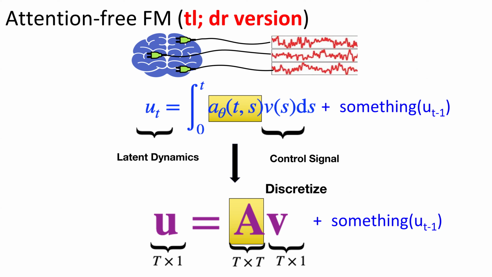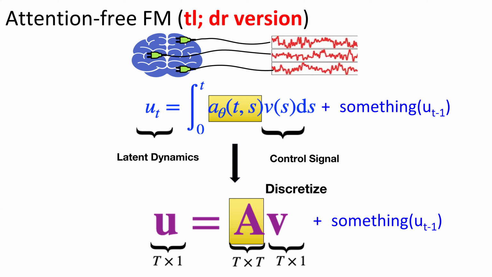Then what we have is an operator parameterized by theta that gives you the mapping between the S domain and the T domain. This might look similar to convolution, but remember that the mapping here is not just dependent on T minus S, but dependent on T and S together. So it's time variant rather than time invariant.